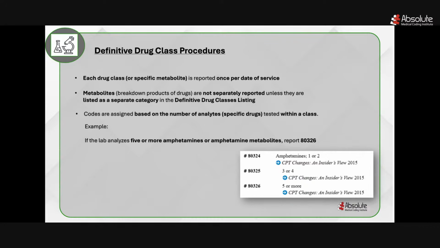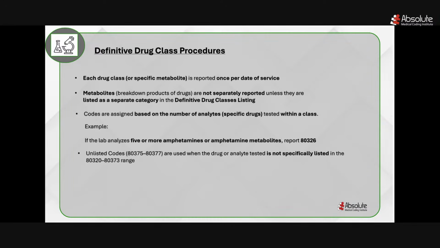So if you have 5 or more amphetamine metabolites, you have to code 80326. If it was only 3 or 4, you would report 80325. If it was just 1 or 2, you would report 80324. So codes are assigned based on the number of analytes tested within each class. Okay, and next guideline.